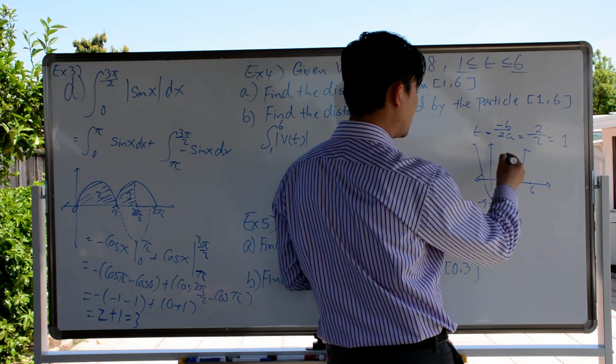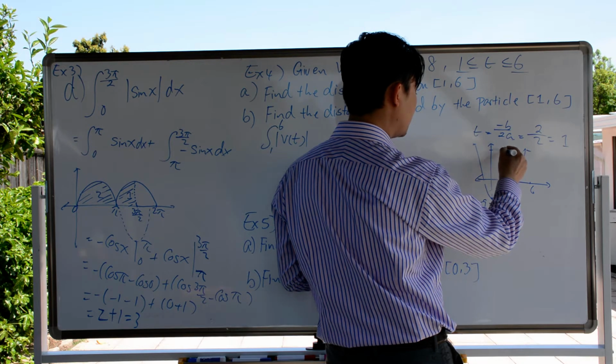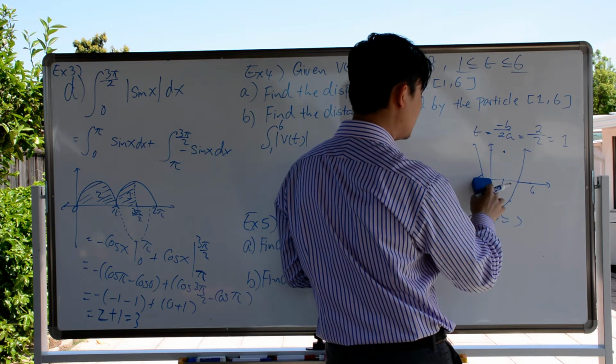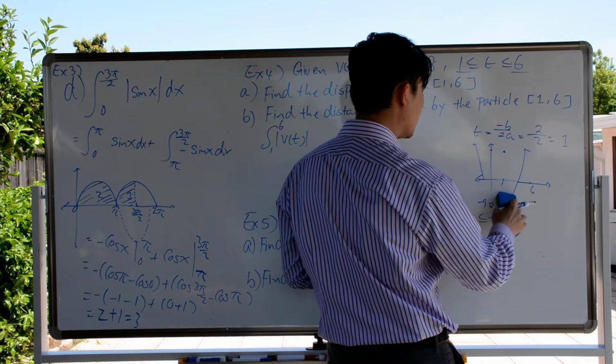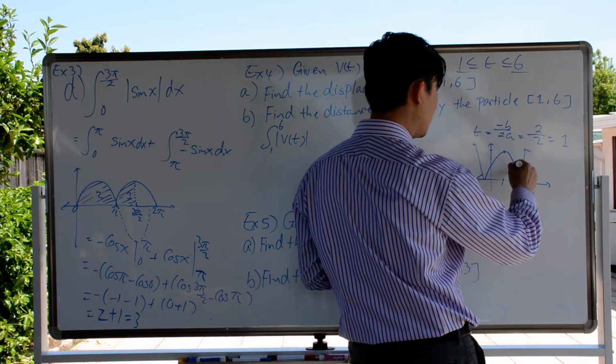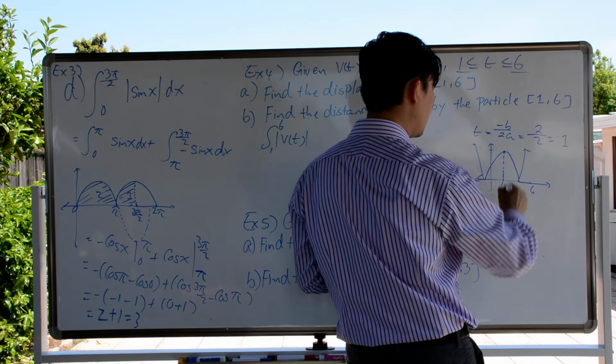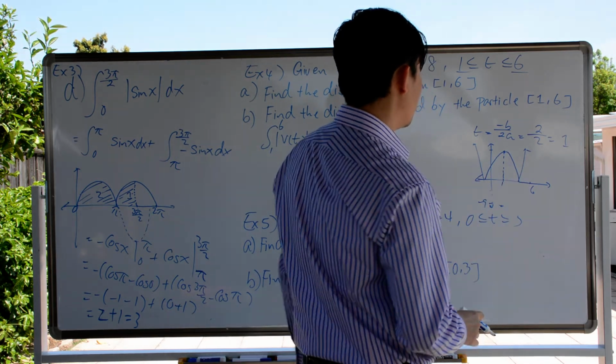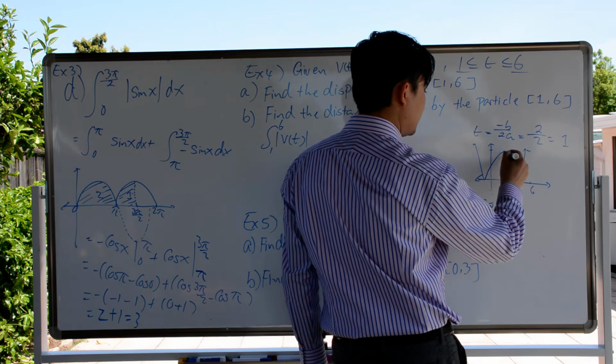So it's going to be 1 comma 9 then. Okay, so just flip this one all the way through. Okay, so like this.